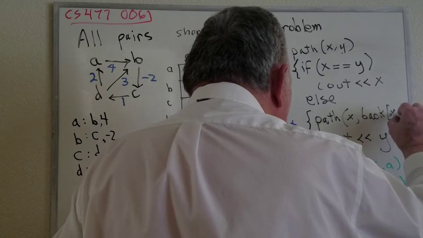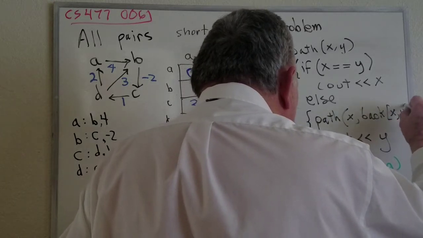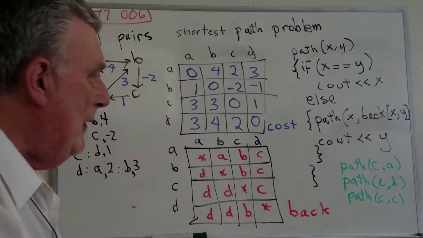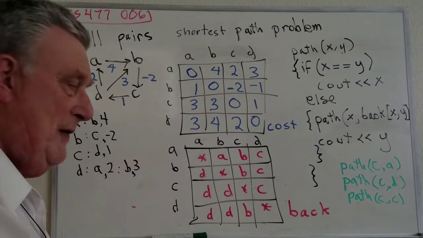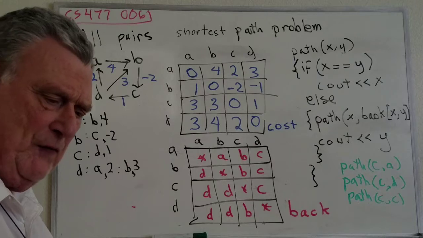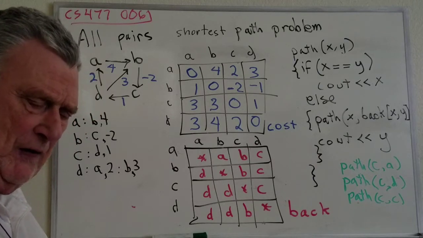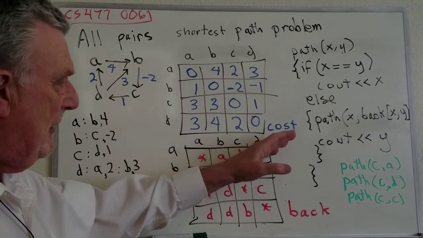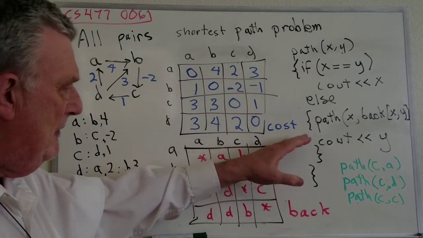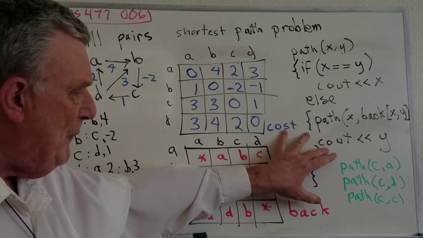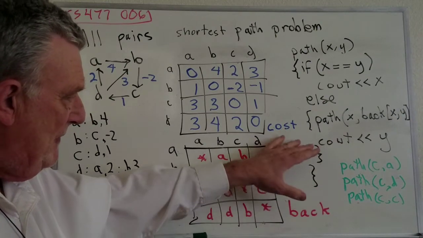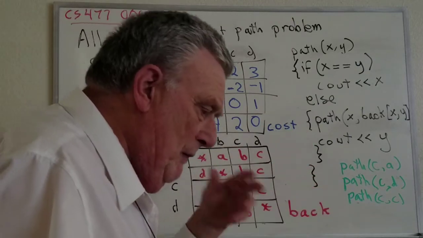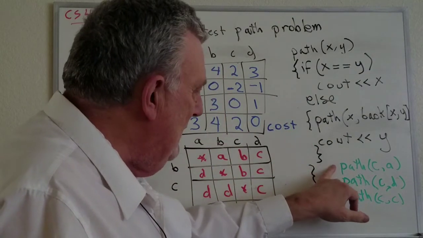Namely, you want to get the last vertex before Y, but you have to know where you're starting from. Like the path to Y might have two different back pointers depending on where you came from. But then after that we print Y, and then we return going back to the parent procedure that's called.